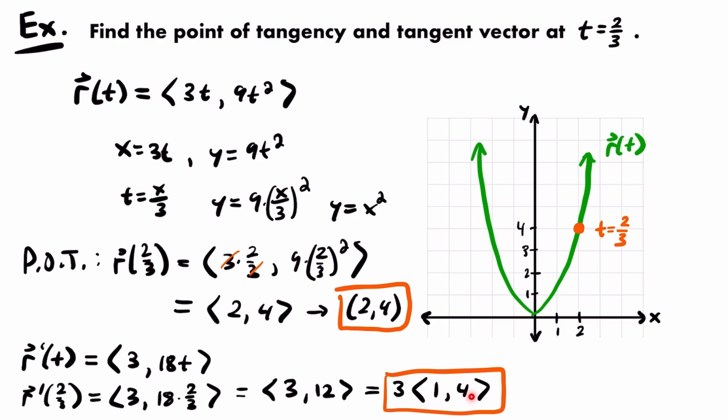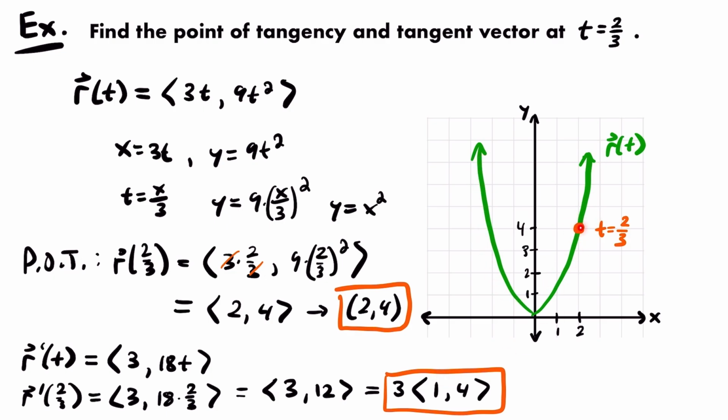So I'm just going to work with this vector right here for our tangent vector, a vector with an x component of 1 and a y component of 4. And the way we will plot this tangent vector is not by starting at the origin like we usually do, but rather starting at the point of tangency, because this is a tangent vector. It's tangent to this specific point on this curve.